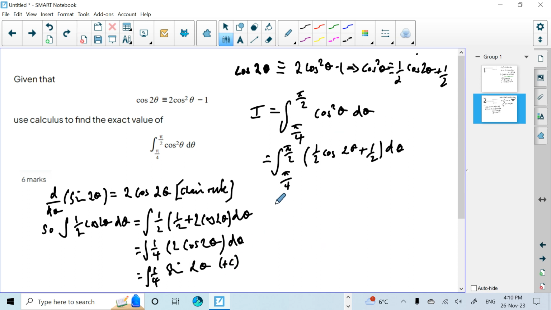Now, if I go back to my integral with limits pi over 2, pi over 4, a half cos 2 theta plus a half in brackets times d theta. Following on from that, using the information that I've just provided, that will give you the integral, again with limits pi over 2, pi over 4, of 1/4 times 2 cos 2 theta.